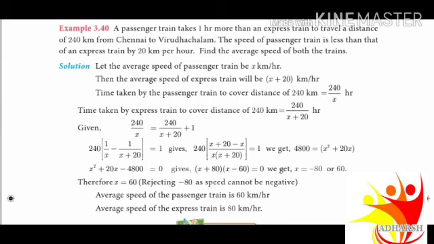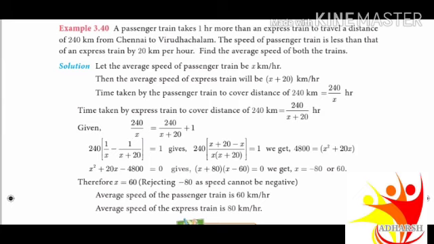Time taken by the express train to cover a distance of 240 km, that we take as t2. Same formula, time equal to distance divided by speed. Distance equal to 240, express train speed equal to x plus 20. Therefore t2 equal to 240 divided by x plus 20.